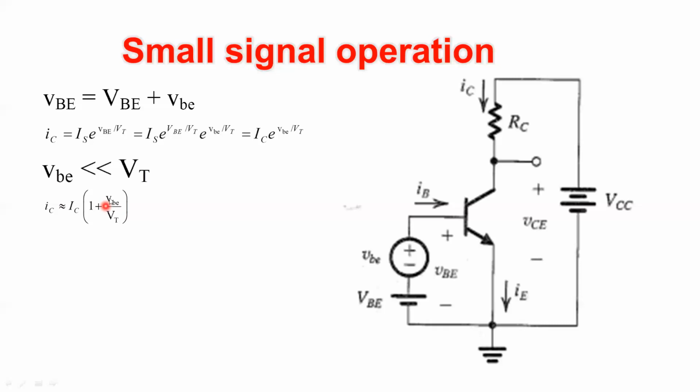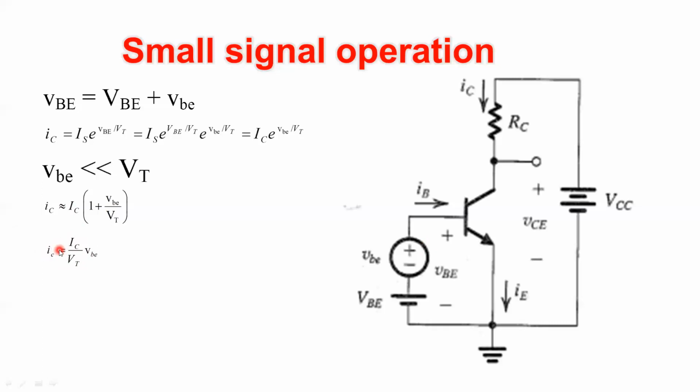So simply by inserting a capacitor, you can have an equation like that. The AC current is simply equal to the DC current over V_T, which is a constant, multiplied by the input. As you can see, this is a relation between the input voltage, which is v_be, the AC voltage, and the output current, which is the collector current.